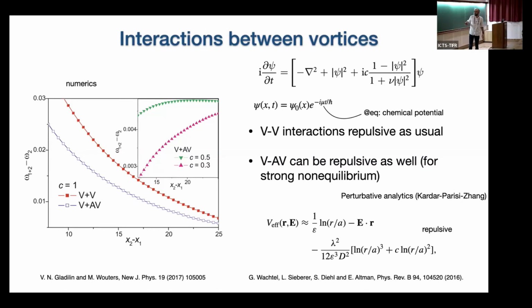It's clearly repulsive, but the vortex-antivortex is a bit lower, though equally repulsive. Then if you reduce this non-equilibrium parameter, as you would expect, you go back to an attraction between the vortex and the antivortex. And then there is some marginal case where at short distances you have attraction, but at long distance we start to see some hint of repulsion. Our system is finite, so we don't really get to the full asymptotic behavior.